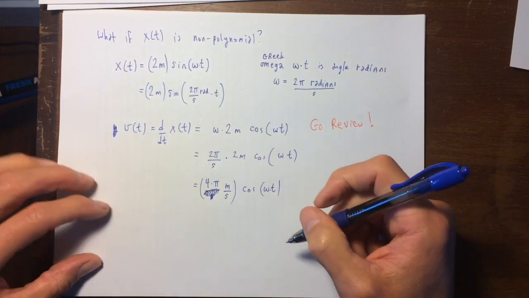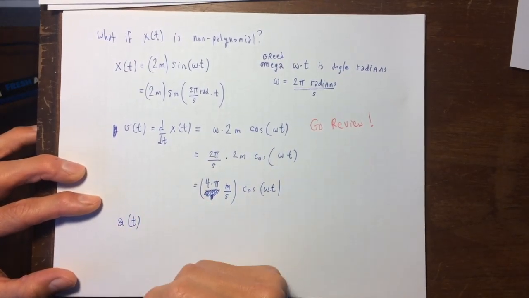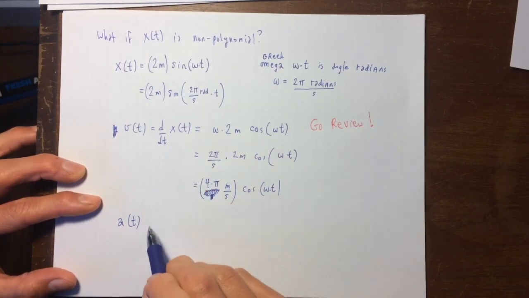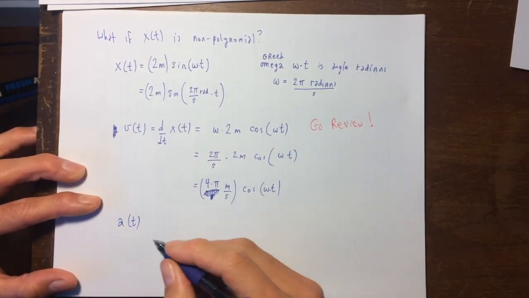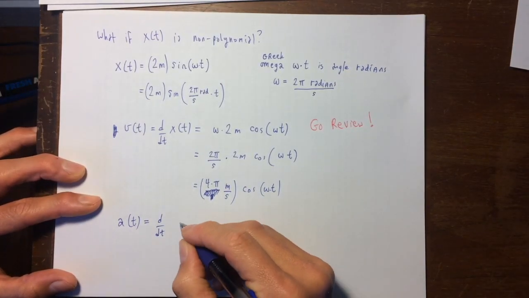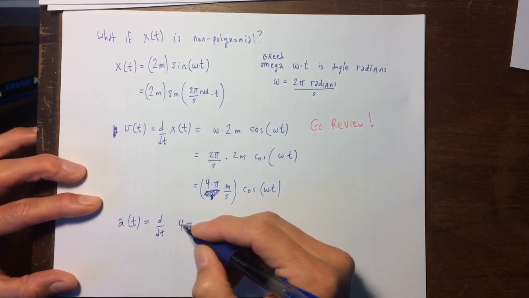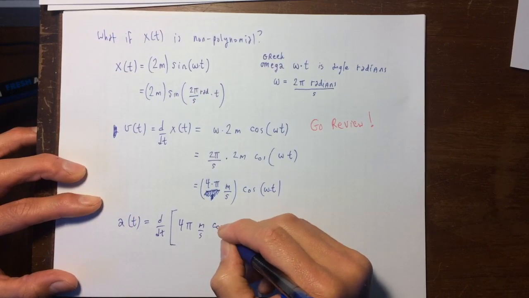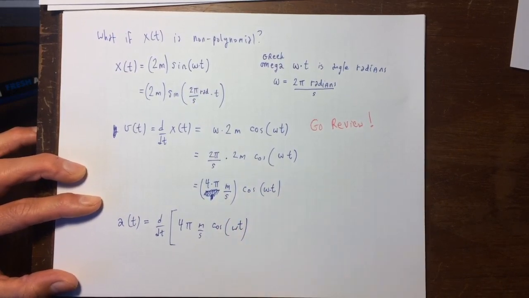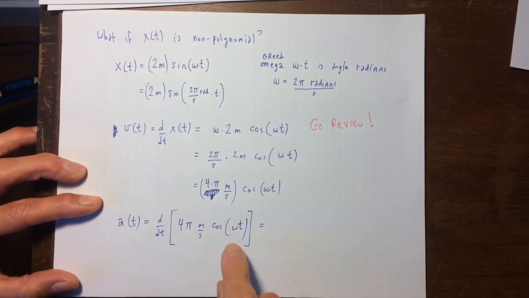All right, so just continuing, the acceleration as a function of time is d by dt of v of t, so I'm just going to go straight to the derivative. It's d by dt of this thing. It looks like 4 pi meters per second times the cosine of omega t. Same as before, when the omega comes out, you drop the radians, but you have to keep the 2 pi per second.